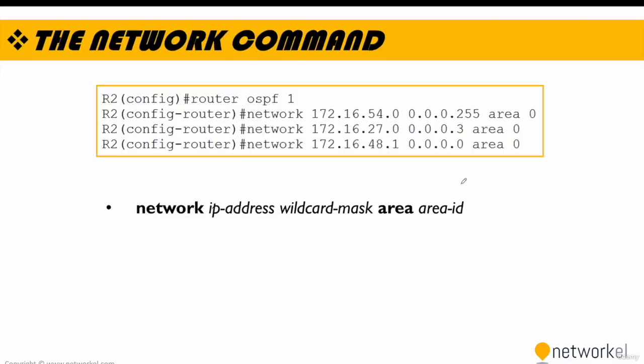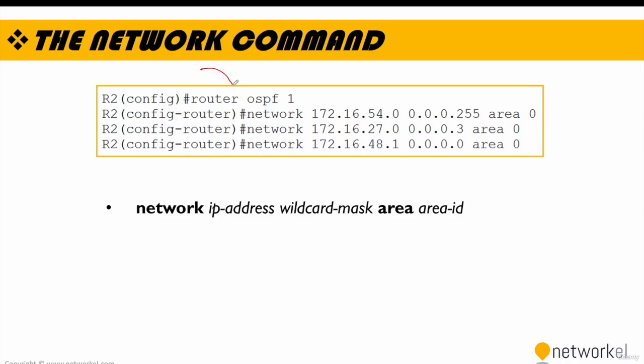In OSPF version 2, guys, there is the network command, which is used to specify which interfaces on a router will participate in OSPF and to assign them to a specific OSPF area. So the command is typically used in OSPF configuration mode.